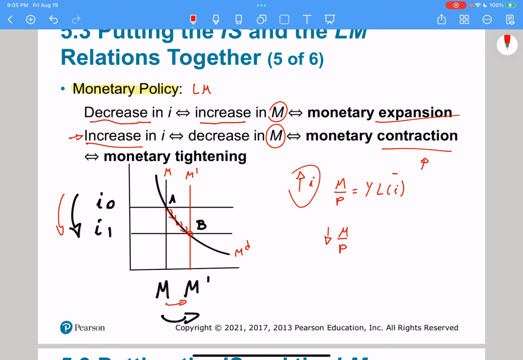Okay? So I like to think the following: monetary expansion equals a decrease in I, and monetary contraction implies an increase in I. And then when I increase or decrease, what happens with the money supply?